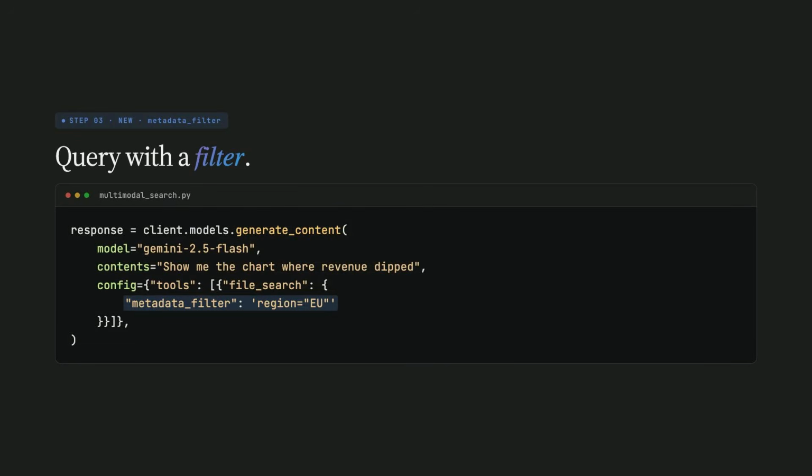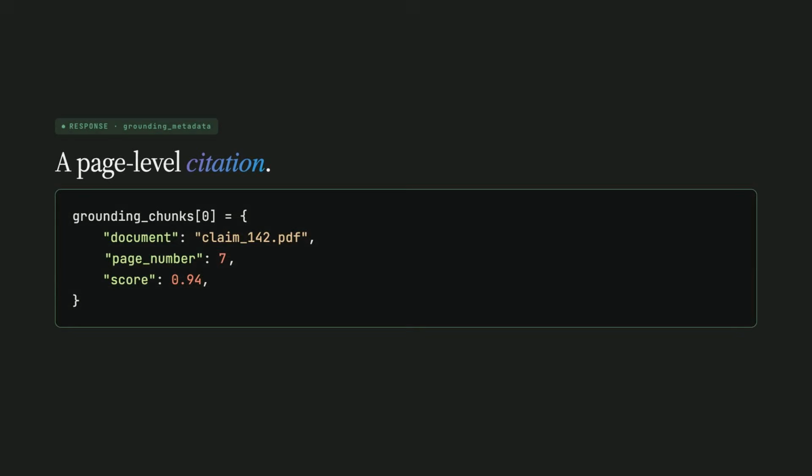The response comes back with the grounding metadata, and inside that, each grounding chunk now exposes a page number field where applicable. So the migration from version 1 to multimodal is essentially nothing, plus two optional fields when you want them.